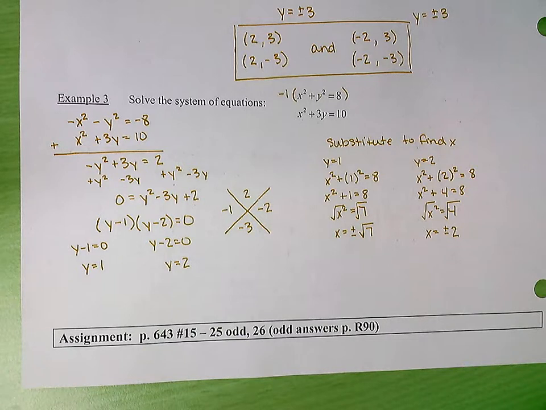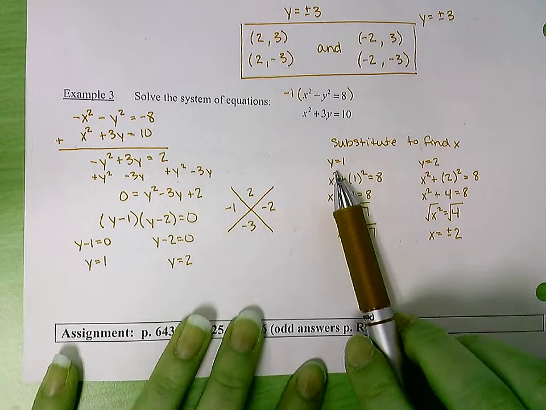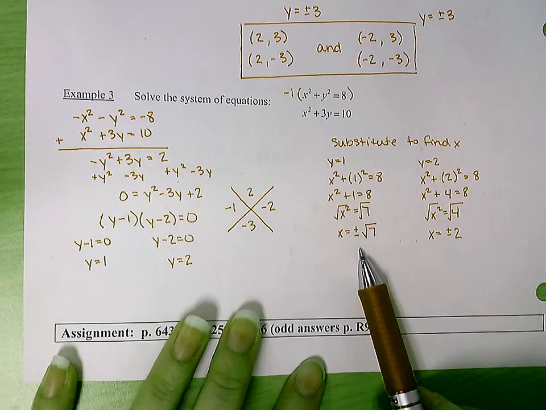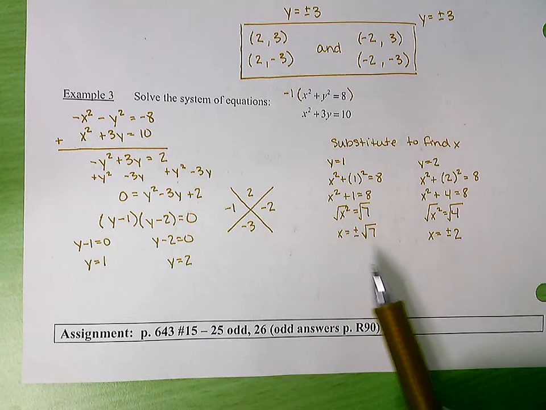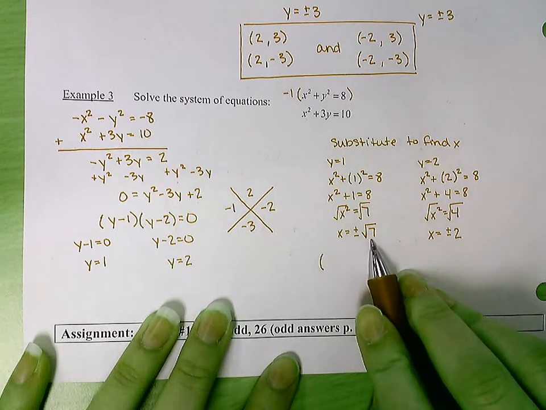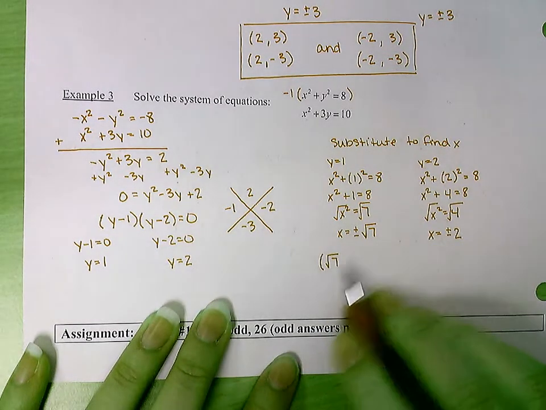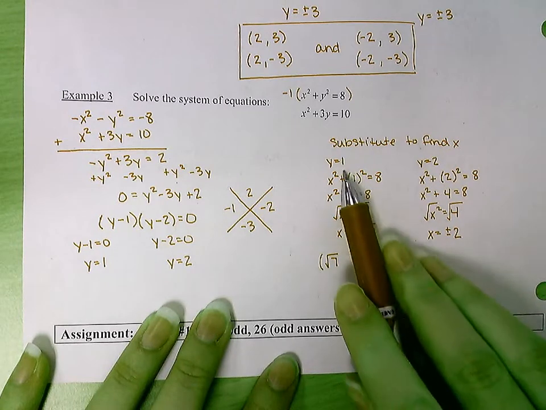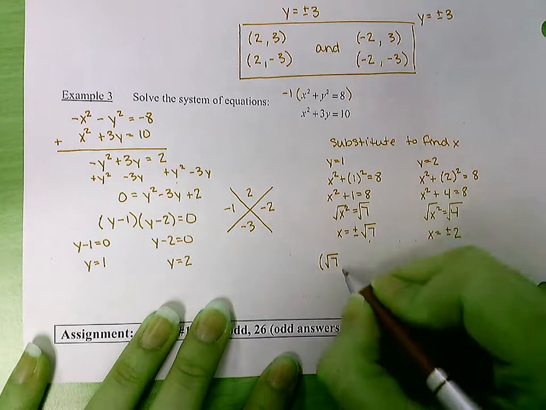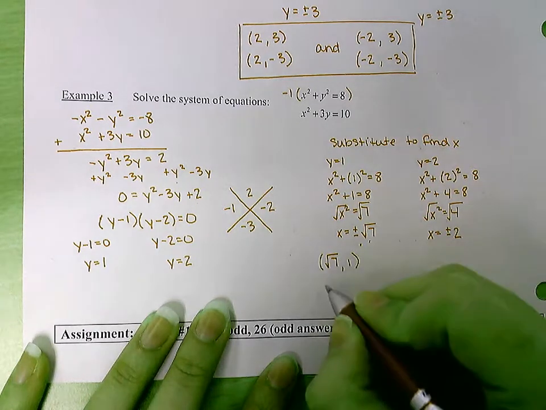Now with this one, you need to be careful of how you set up your coordinate points. This is your y value, not your x value this time. These are your x values, so they need to be first in your coordinate point. So my answer here, I'm going to start with positive square root of 7. When I have positive square root of 7, my y value is 1. And then I can say negative square root of 7.